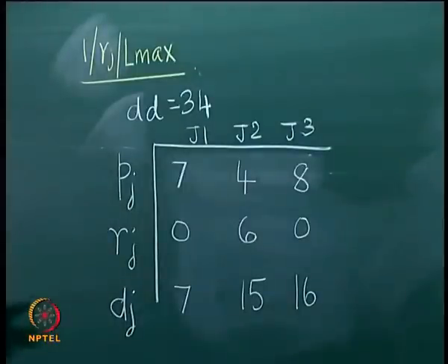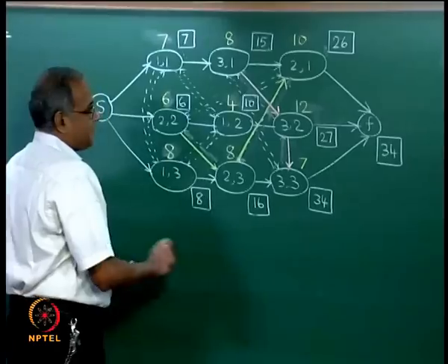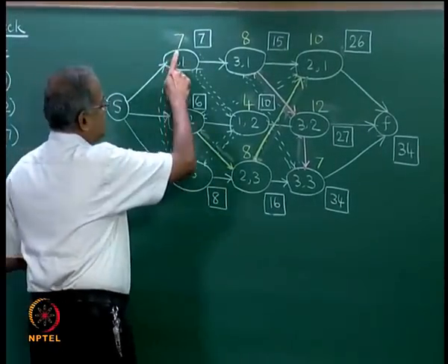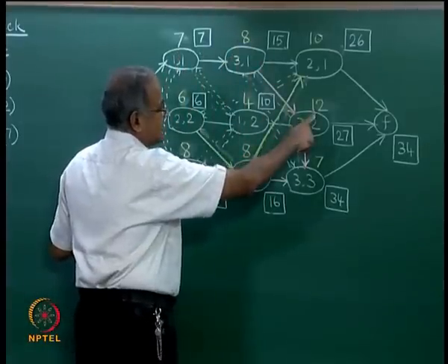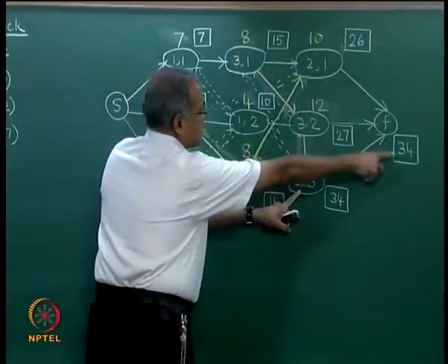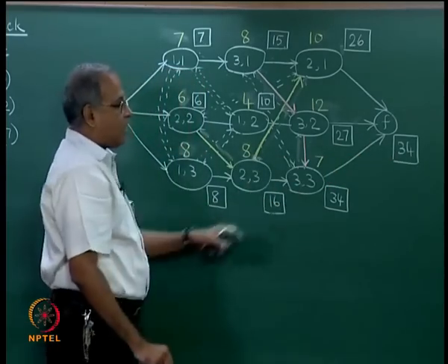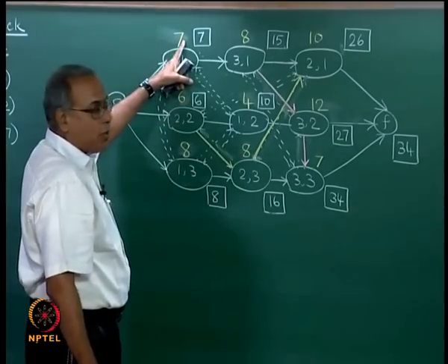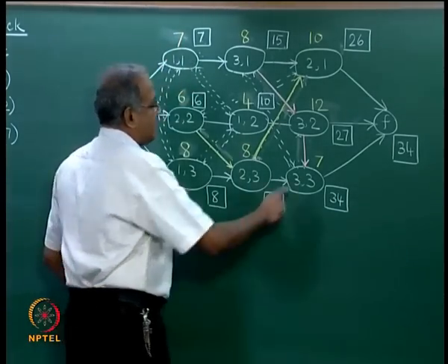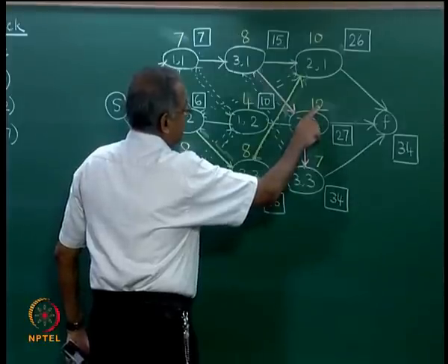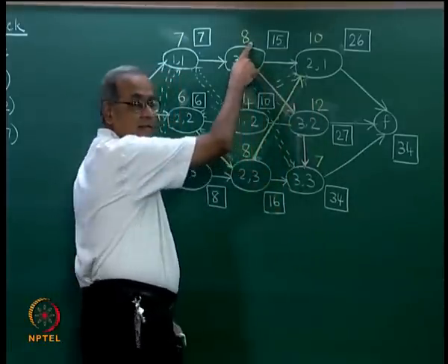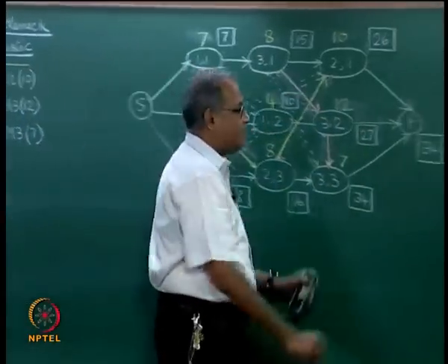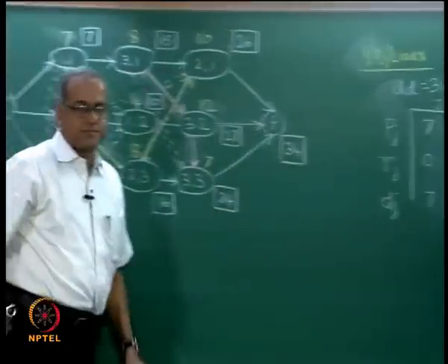So let me again explain the computation of the due dates. J1 on M1 is here, and the longest path is 7 plus 8, 15, plus 12, 27, plus 7, 34, which gives us this 34. So in order to meet this deadline of 34, this should be over by time equal to 7 plus 12, 19, plus 8, 27, so 34 minus the remaining processing time of 27 gives us a due date of 7.